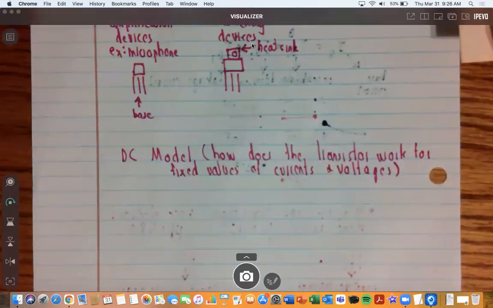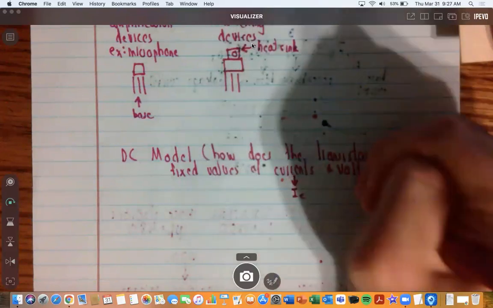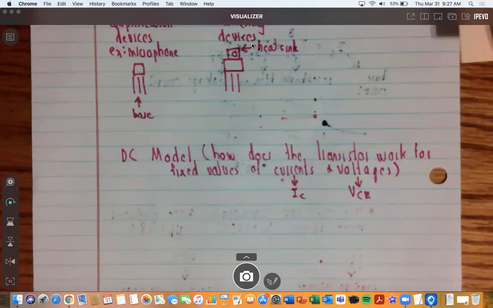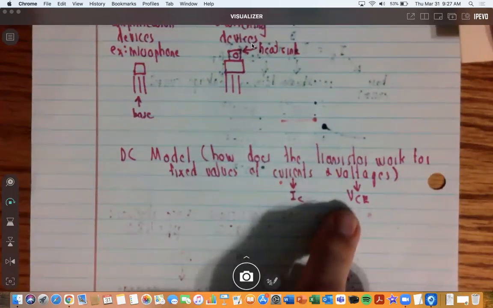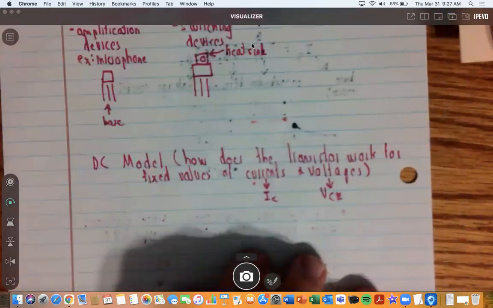And a lot of the time, the current that we're interested in is IC, and the voltage we're interested in is voltage collector-emitter, VCE. The reason we're so interested in those two is because of biasing. The DC model is one way we can solve for IC and VCE in order to make sure we bias the transistor correctly. I will introduce the concept of biasing right after I talk about the DC model a little, because I feel like that is an important part to touch upon.